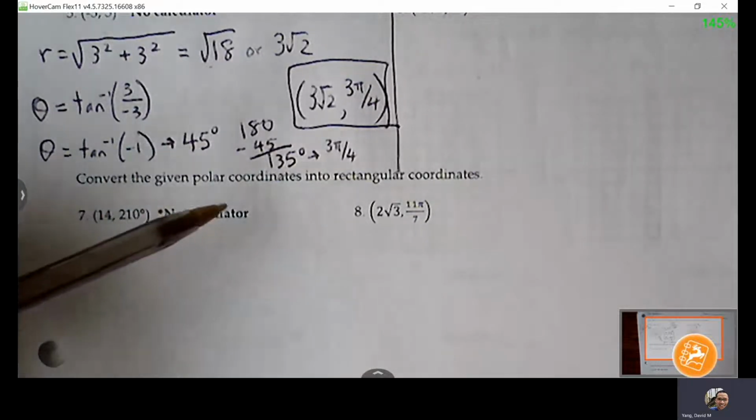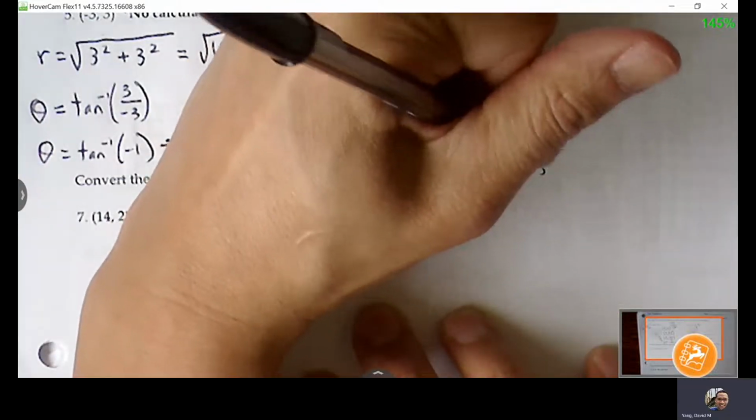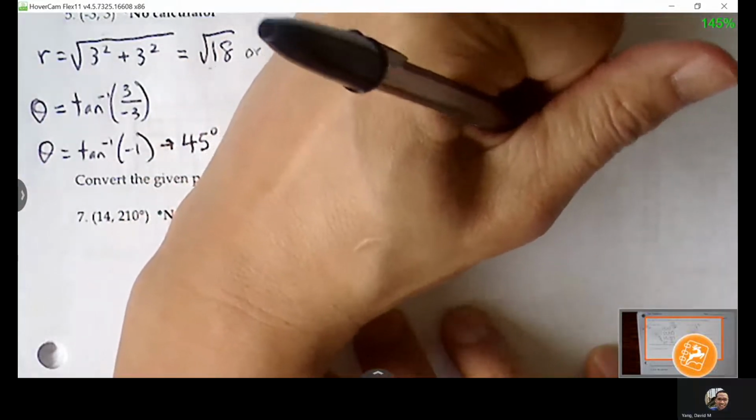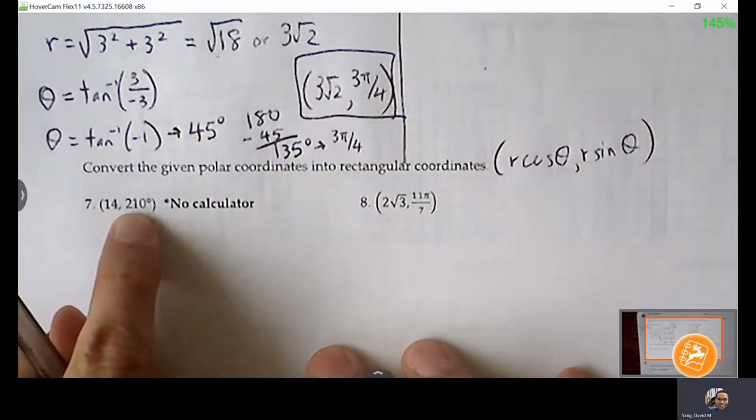Convert the given polar coordinates into rectangular coordinates. This is where we have to involve r cosine theta and r sine theta. Okay, this is my r, this is my theta.